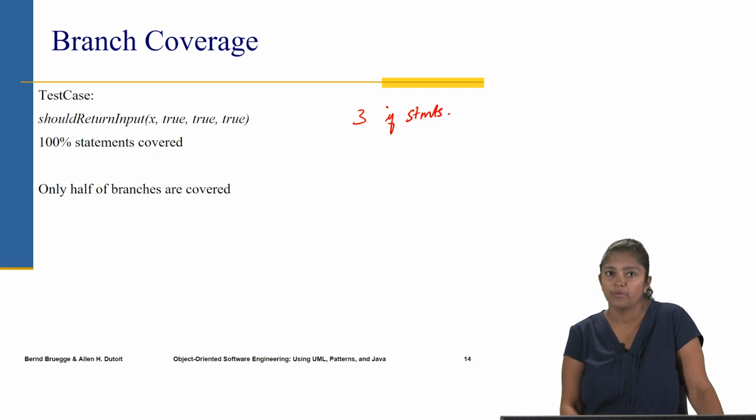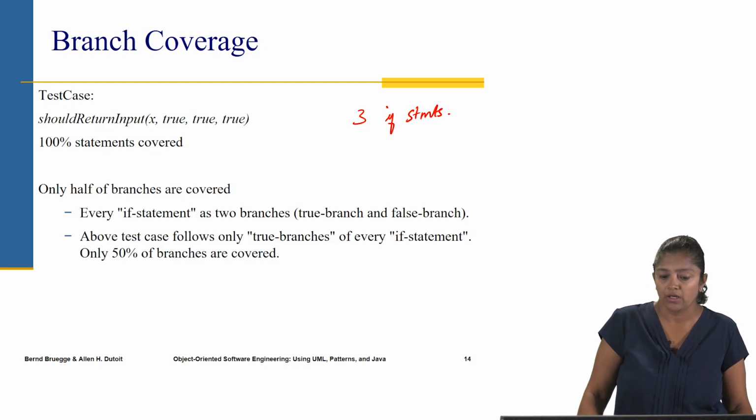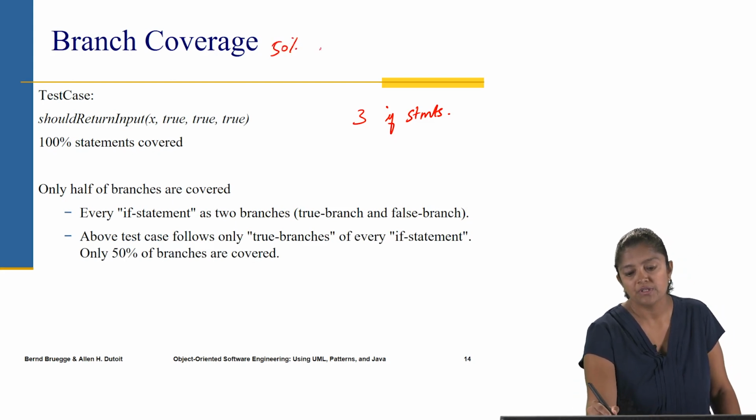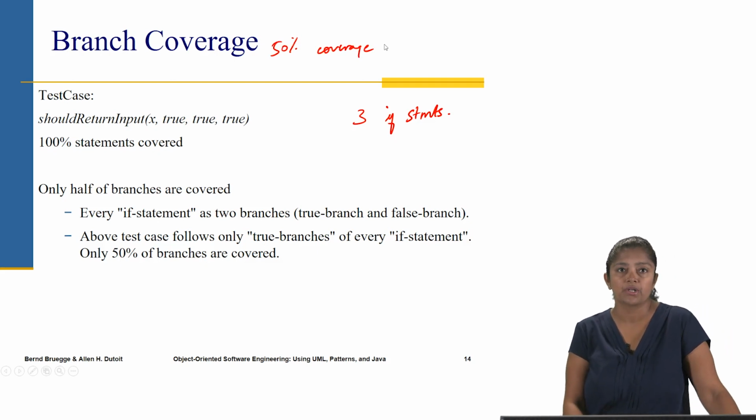So only half of the branches were really covered with that first test case. If we look at branch coverage, we only got 50%.